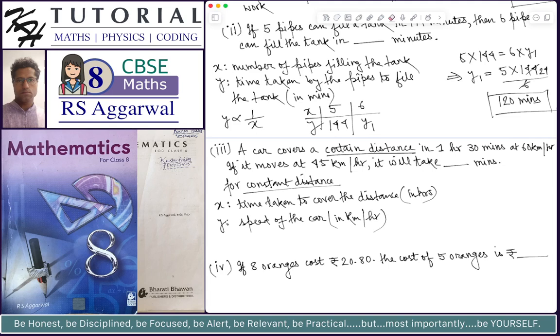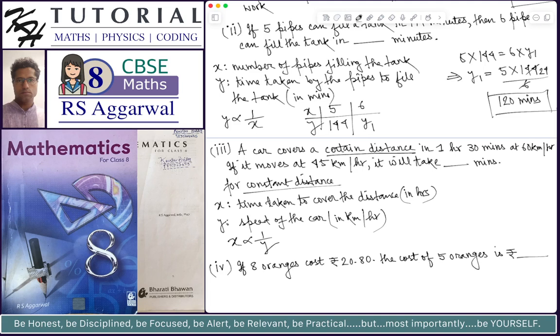Since the distance is fixed, the time taken will be inversely proportional to y. That is, if the speed is more, the time taken to cover the same distance will be less, and if the speed is less, the time taken will be more.